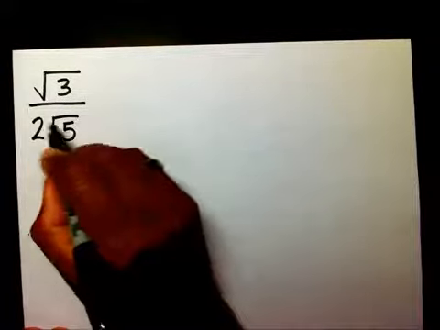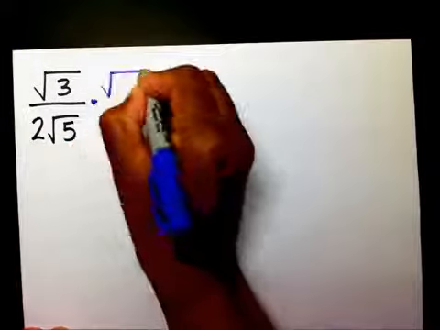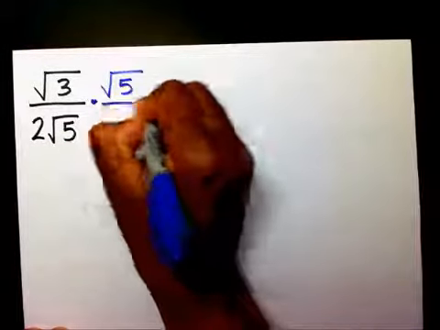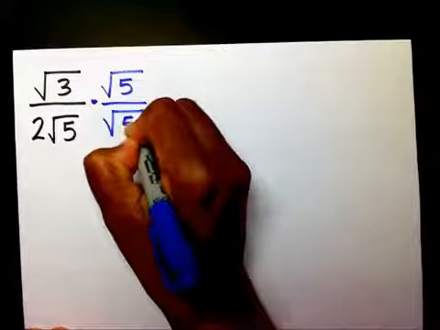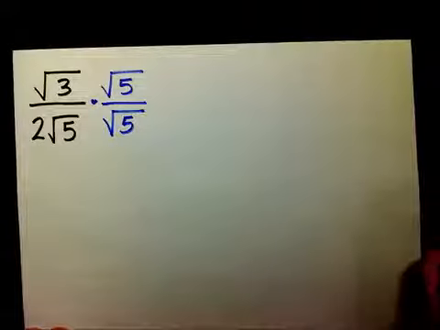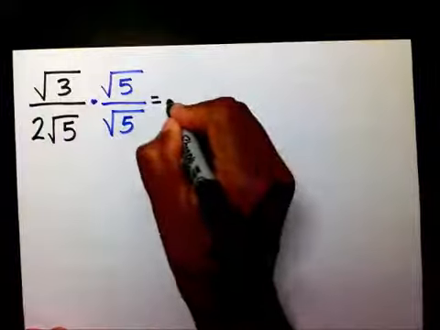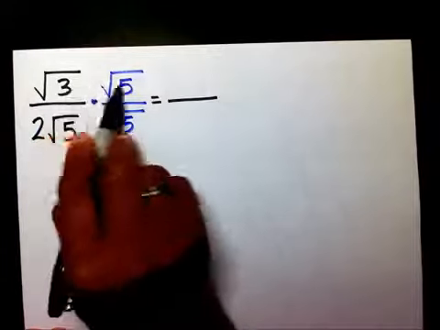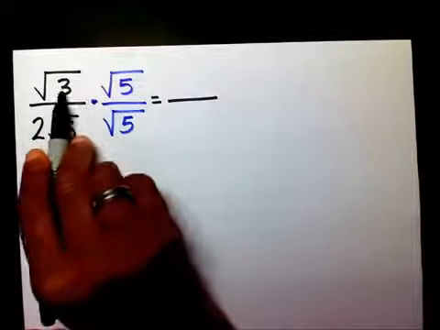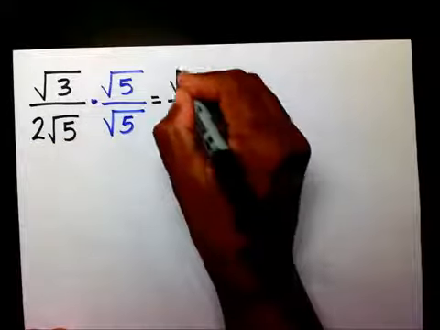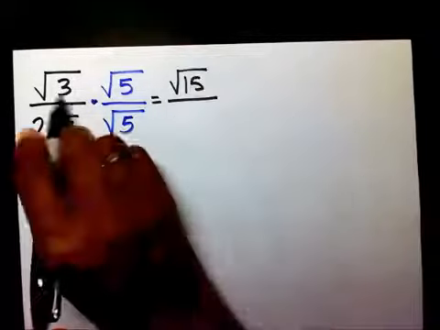So I need to rationalize my denominator by multiplying both the numerator and the denominator by radical 5. Okay? So in my numerator, I'm going to multiply radical 3 times radical 5, which is radical 15.